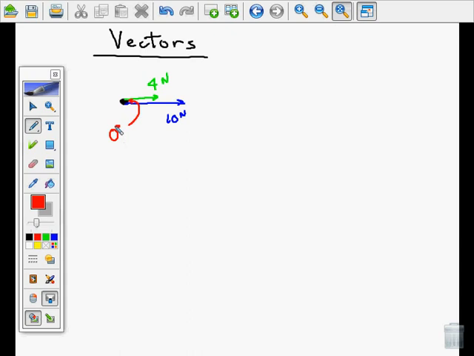If the angle between them is 0 degrees, then to get the resultant, which is also called the net force, you simply add them together and you get 14 newtons. So when the two forces are going in the same direction, you add them together.